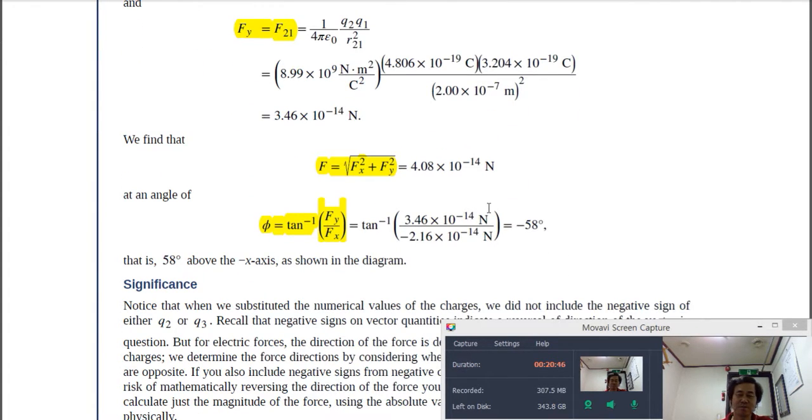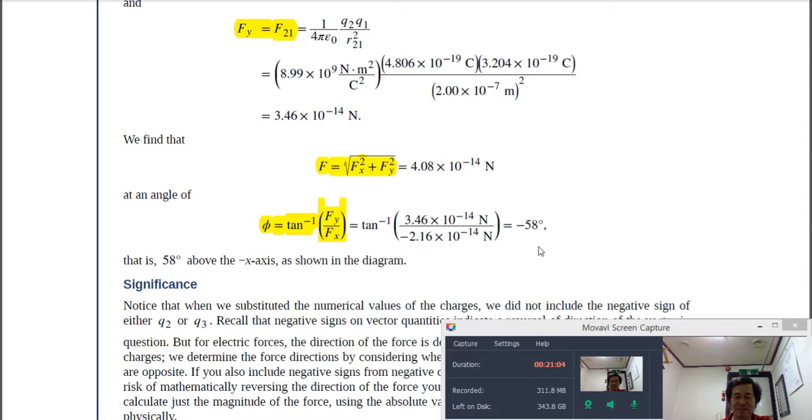So we solved the x component and y component, and you remember we have a negative x component, so you find minus 58 degrees.